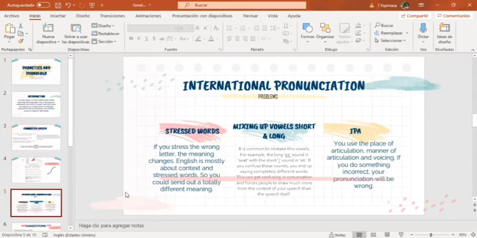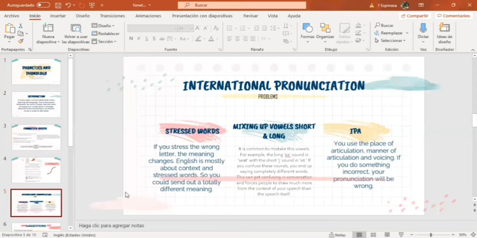The next, it's common to mistake these vowels. For example, the long E sound in seat with the short I sound in sit. If you confuse these sounds, you end up saying completely different words. This can get confusing in conversation and forces people to draw much more from the context of your speech than the speech itself.